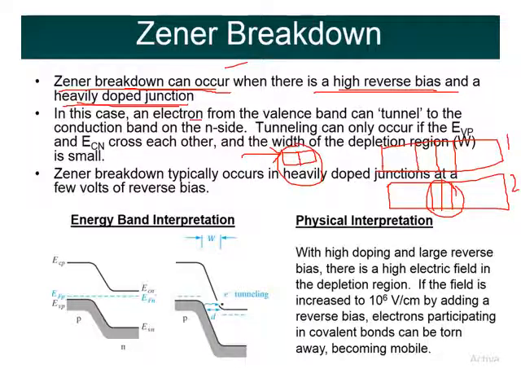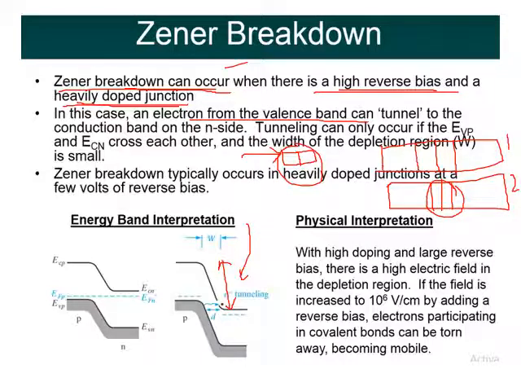An electron from the valence band. Now I have to visualize. You can directly come to this energy band interpretation. Here we are seeing the gap has increased. Why has the gap increased? Because I am in the reverse bias condition, correct?